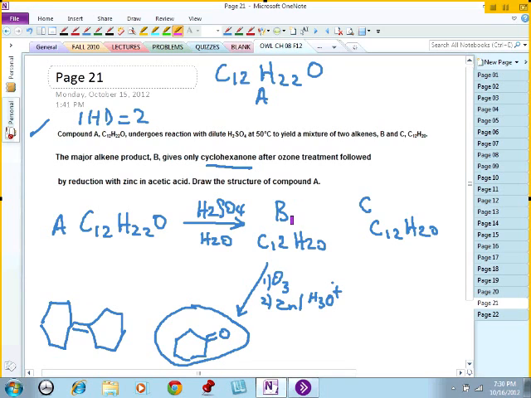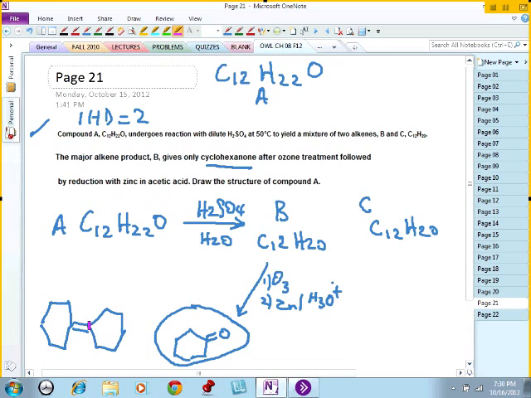So if this is compound B, what will compound A be? Keep in mind, compound A going to B is the result of dehydration, right? So if it is a result of dehydration, that means compound A must be an alcohol, right?